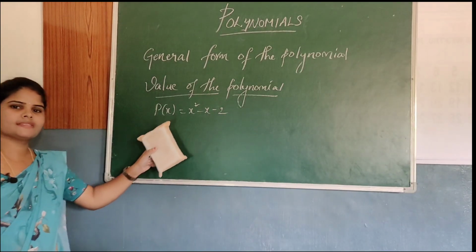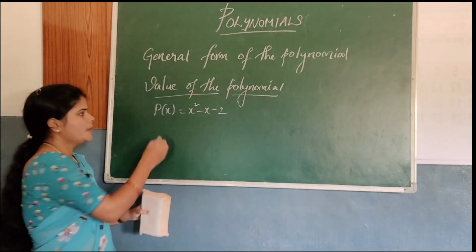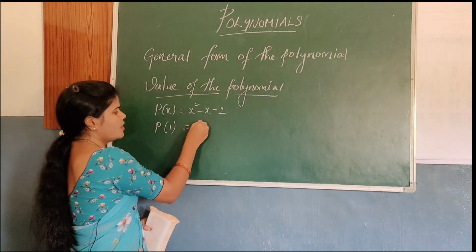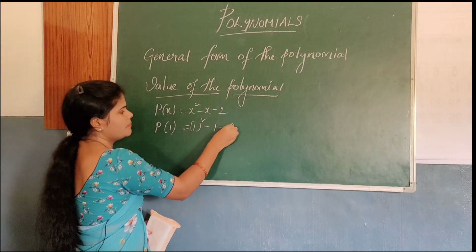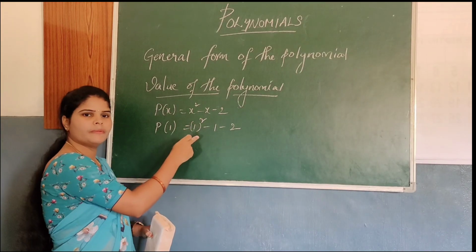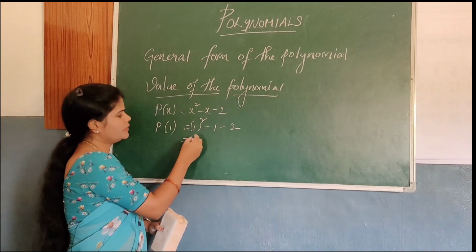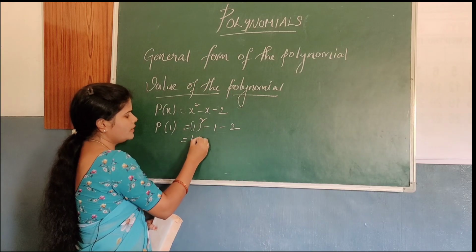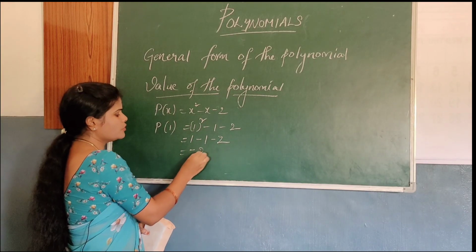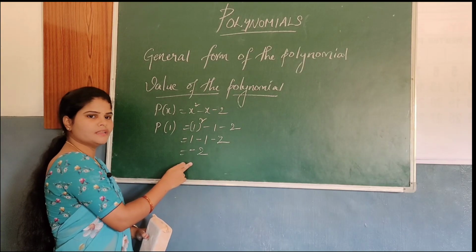In the place of x, I am going to substitute 1. If I take 1 in the place of x, 1 square minus 1 minus 2. Since the power of 1 is 2, an even number, it will always be a positive value. 1 square is 1, minus 1 minus 2. 1 minus 1 is 0. So for p of 1 I have got the value minus 2.